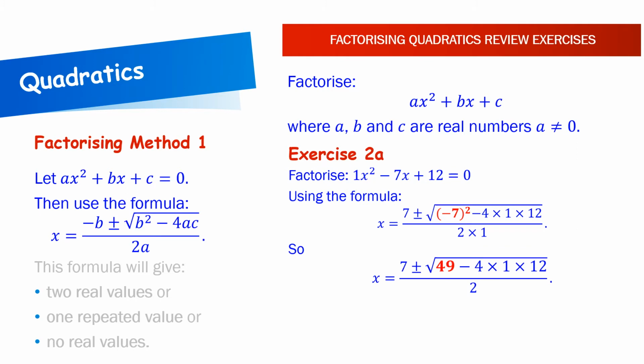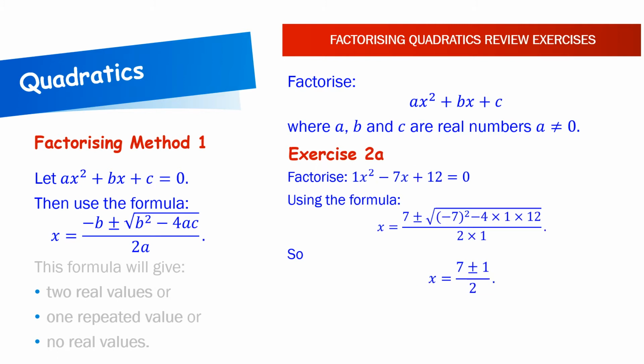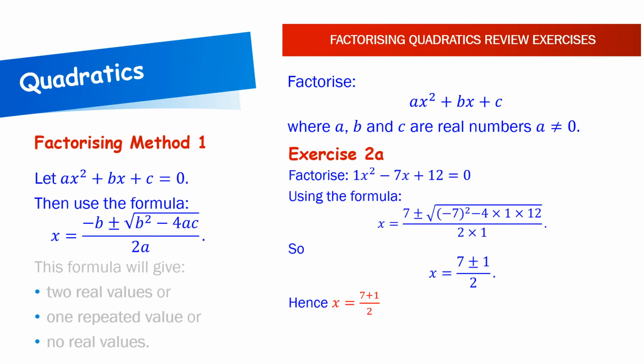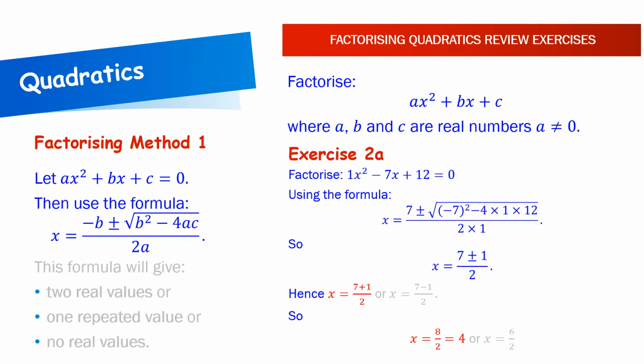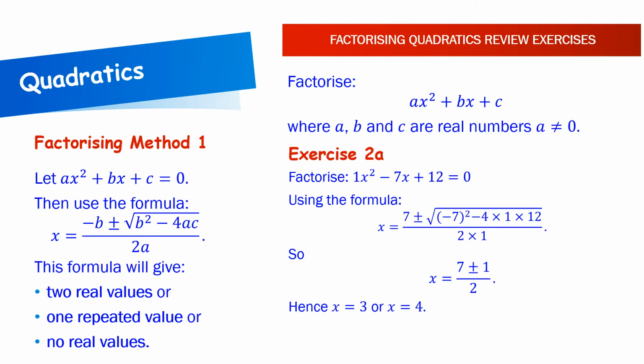Then we tidy up, to obtain x equals 7 plus or minus 1 all over 2. So either x equals 7 plus 1 over 2, or x equals 7 minus 1 all over 2. So tidying up gives us that x equals 4, or x equals 3, as shown.